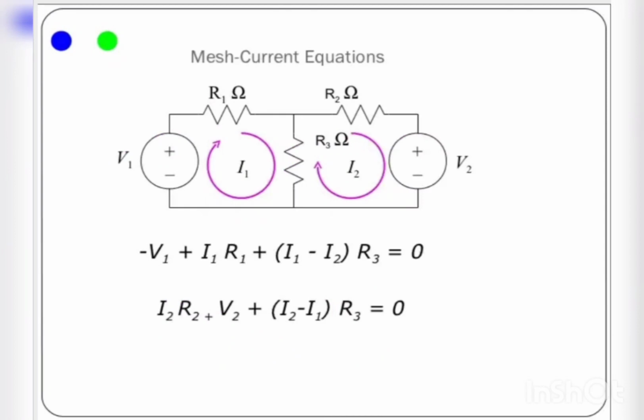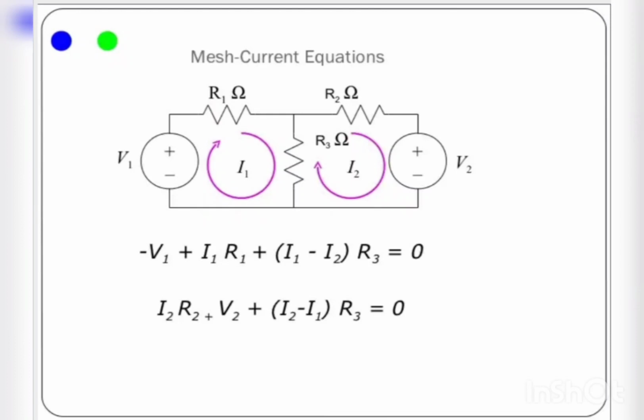Mesh 1 equation is minus V1 plus I1 R1 plus (I1 minus I2) R3 is equal to 0, and mesh 2 equation is I2 R2 plus V2 plus (I2 minus I1) R3 is equal to 0. By solving these two equations, we get the current values of the two meshes.